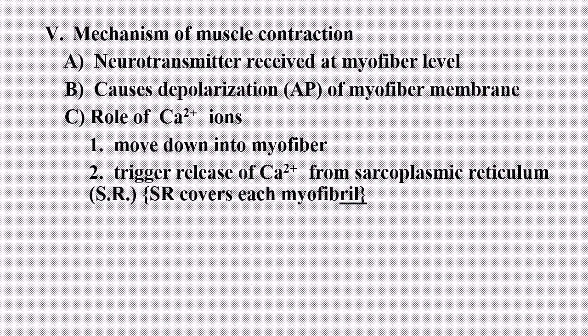The sarcoplasmic reticulum is inside the myofiber or muscle cells, and it's surrounding each one of those little myofibrils. So envision sarcomeres bundled together inside the myofibril, and then the sarcoplasmic reticulum around that, all within the muscle cell. This sarcoplasmic reticulum is highly specialized. It has tons of calcium, and its main job is to release and then reabsorb calcium ions.